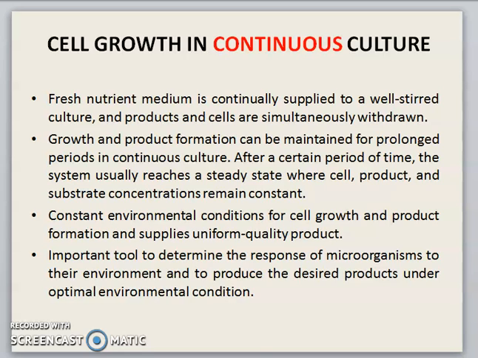This product can be withdrawn at certain time intervals or at the end of the fermentation. So growth and product formation can be maintained for prolonged periods in continuous culture. After a certain period of time, the system will usually reach a steady state where cell, product and substrate concentrations remain constant.